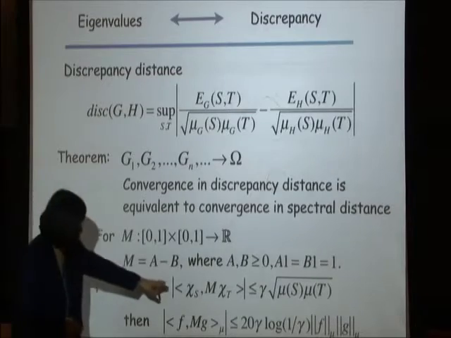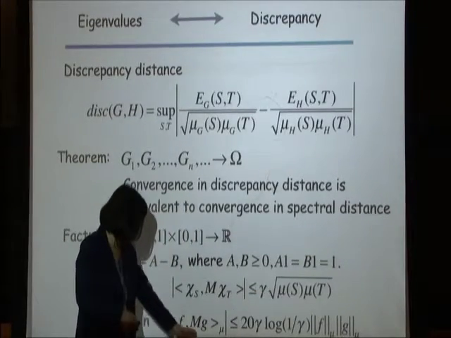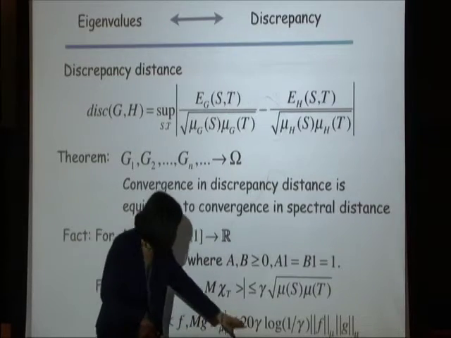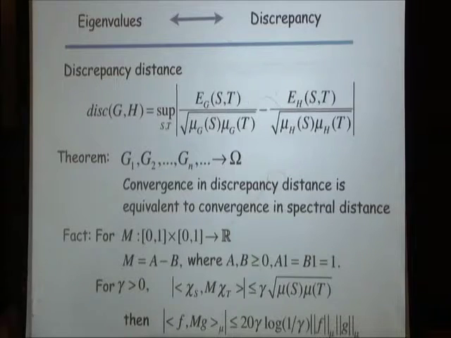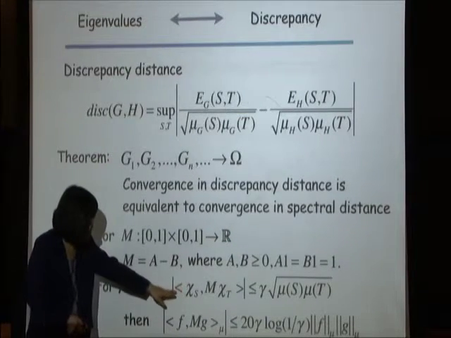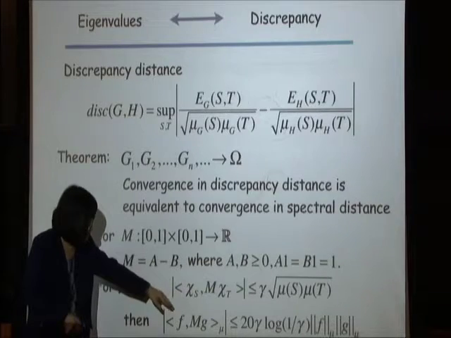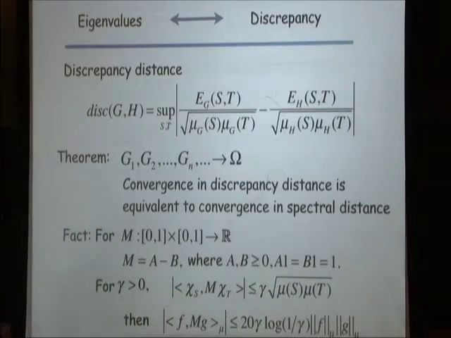So if this is a discrete form, which is well bounded, then the continuous form will give you the eigenvalue bound with a small constant difference. This probably answers David's question. As long as the cut distance is good, then you get your spectral bound there as well.